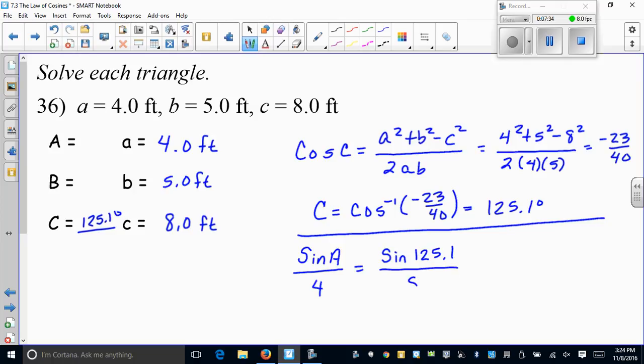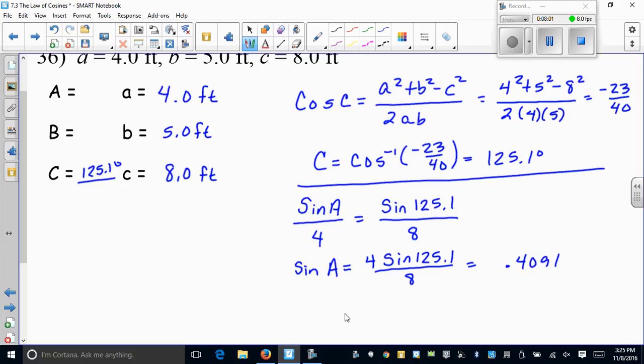So sine of A equals 4 sine of 125.1 all over 8, which gives us a value of 0.4091. Throw this in the calculator, so that means A equals the arc sine of 0.4091, which gives us an angle of approximately 24.1 degrees.